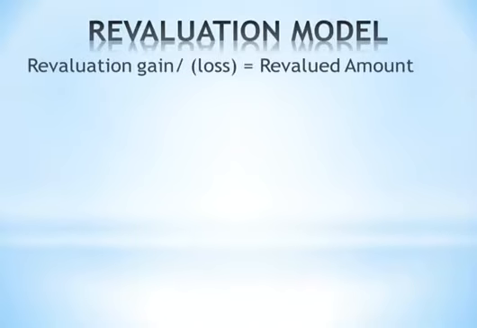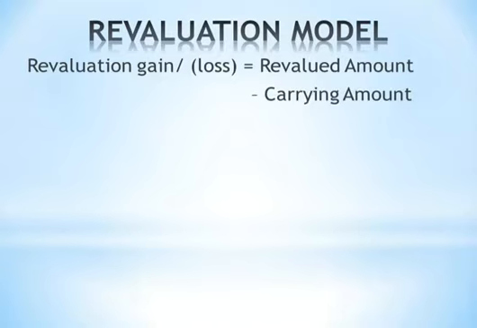Now let's dive much more into the revaluation model. In the revaluation model, there is a need for you to always ascertain your revaluation gain or loss. So how do you ascertain your revaluation gain or loss? Once you have revalued a property, you have to compare this revalued amount with the current amount, and take note that we ascertain the revaluation gain or loss on the date of revaluation.